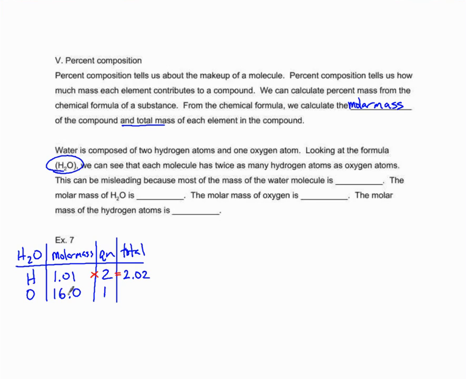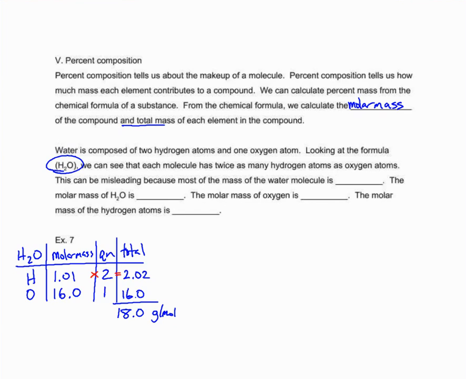And the total mass of the oxygen, 16.0. And when we add these 2 together, that's where we get the molar mass of the compound. And in the case of water, it's 18.0 grams per mole. The 2 on the end of it got rounded off due to significant figures.